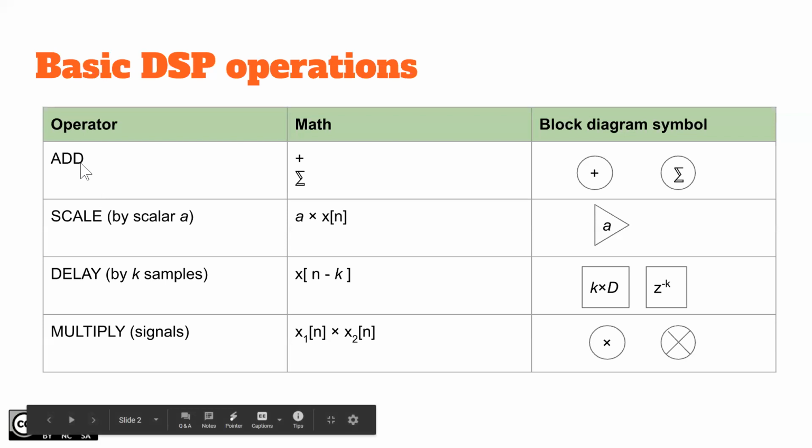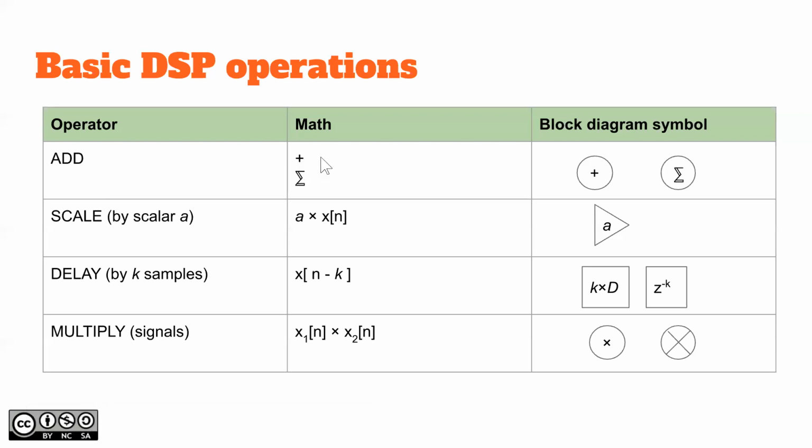Okay, addition is simply adding two values. In a block diagram, it shows as a circle with a plus, or the sigma sign, in the middle. In mathematics, it's just either plus, or, for the sum of several values, the big sigma.